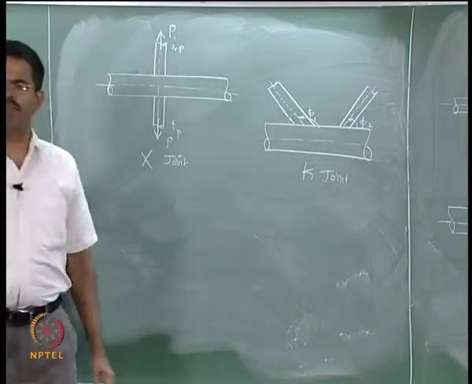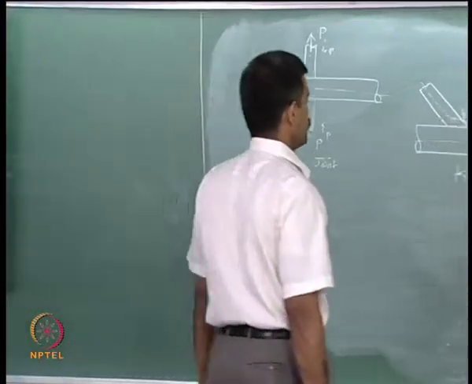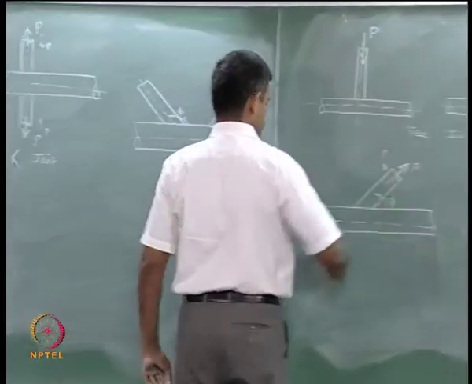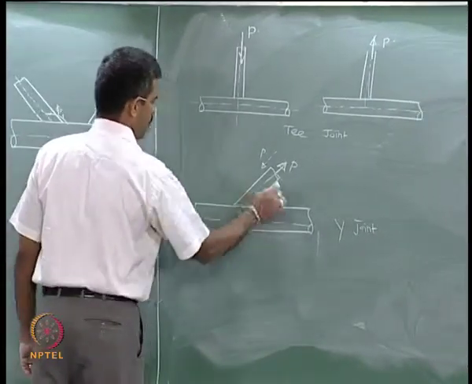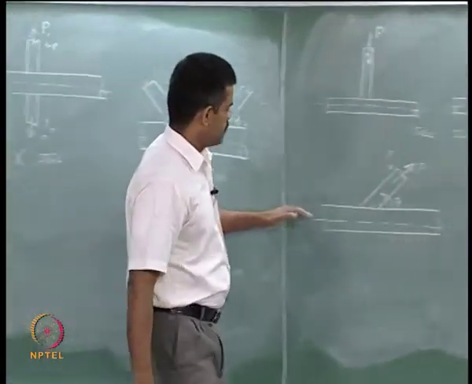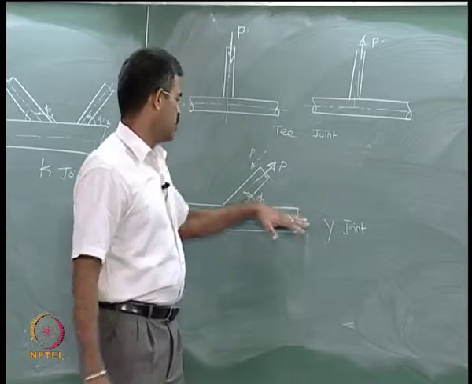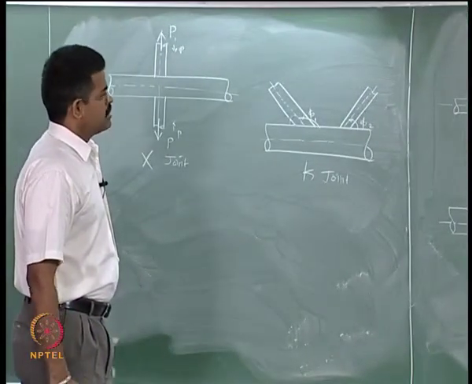What are the different implications of these kinds of joints to estimate their capacity when they are subjected to either inward or outward forces? As you see here, what is the influence of the angle phi on the prospective flow direction or the stress direction of the main tube, etc. We will see in the next class.